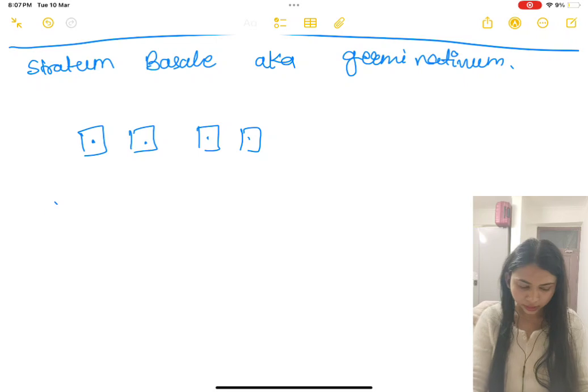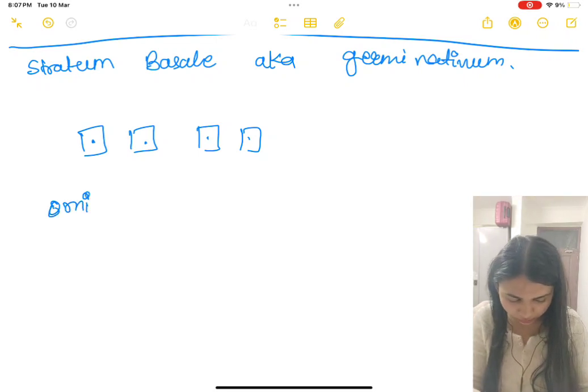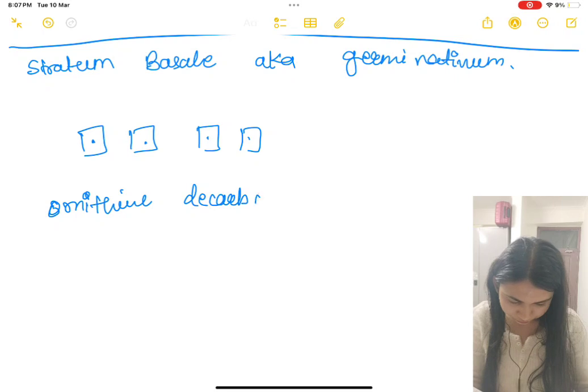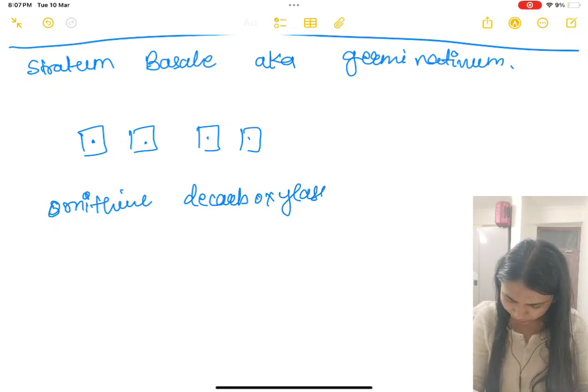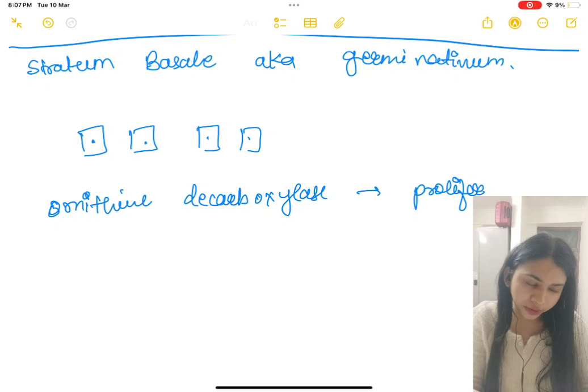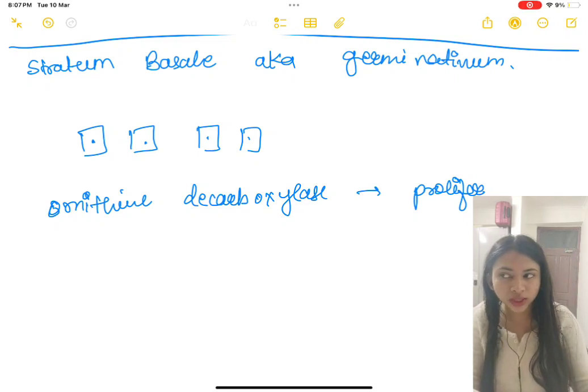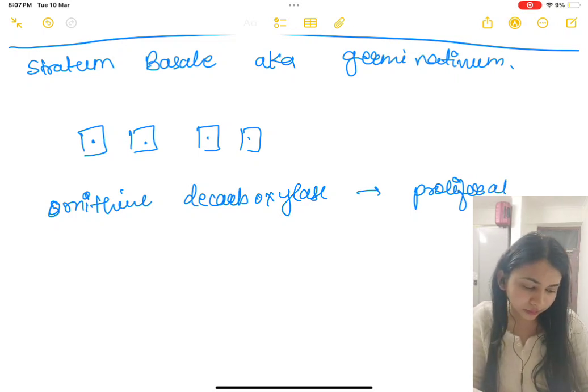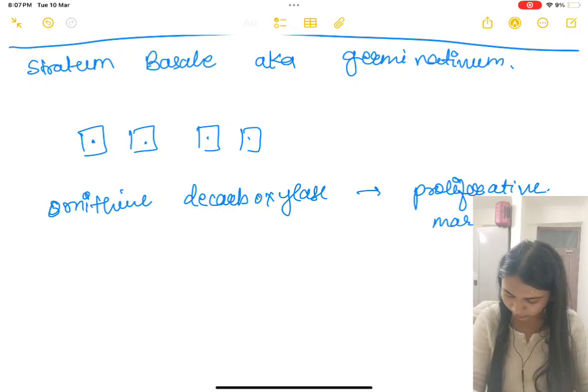Also, basal cell contains ornithine decarboxylase. Ornithine decarboxylase is a proliferative marker. You also saw proliferative markers in stratum spinosum, which were K6, K16 and Ki67. In stratum basale, you have ornithine decarboxylase, which is the proliferative marker.